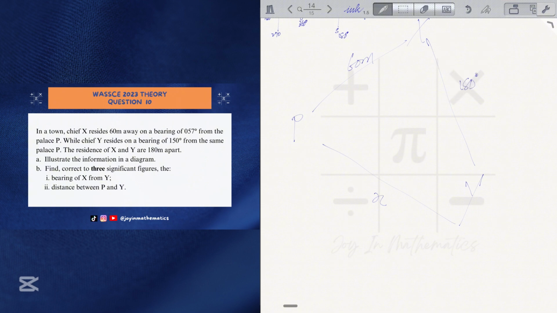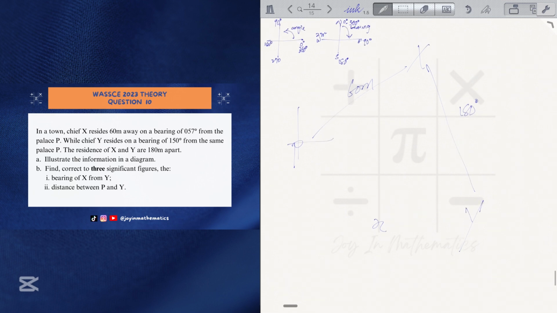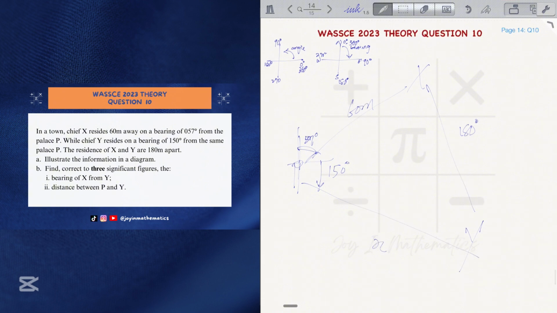So the bearing between the palace and X is 57 degrees. However, the bearing between the palace and Chief Y, that means the angle from here to here, is 150 degrees. This is not the diagram, this is just a sketch.